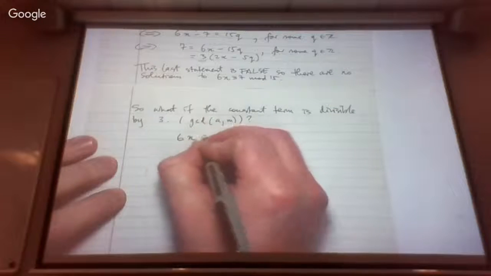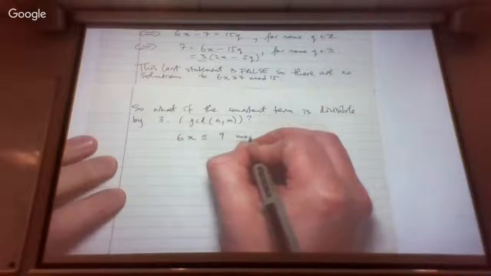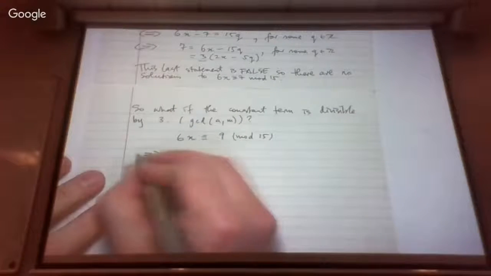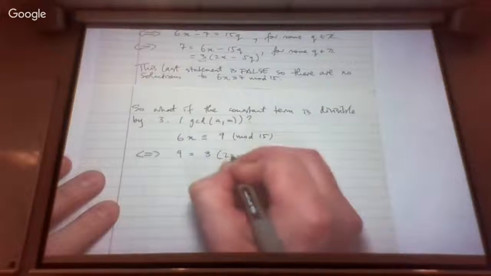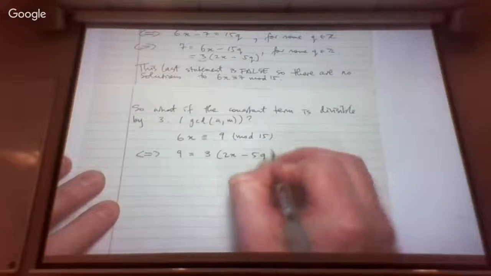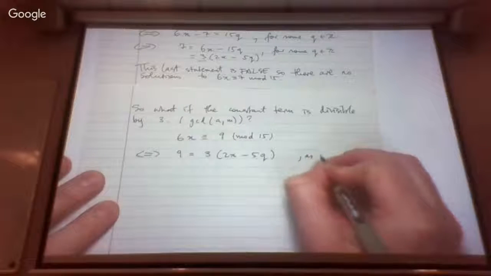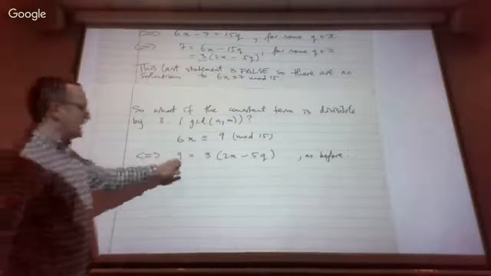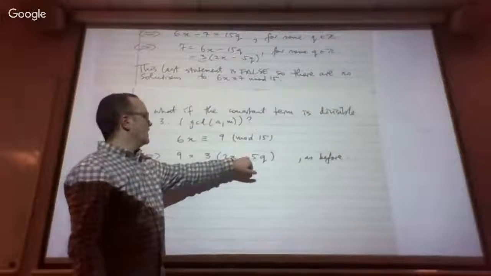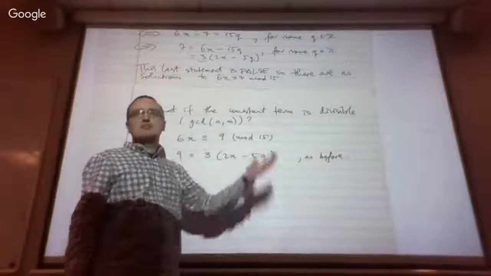So let's look at 6x. I'll keep the 6 and the 15, but instead of a 7 there, consider a 9. Using the same argument, that will reduce to 9 being 3 times (2x minus 5q), as before. 6x congruent to 9 is the same as saying that 9 is equal to 6x minus 15 times some integer q.